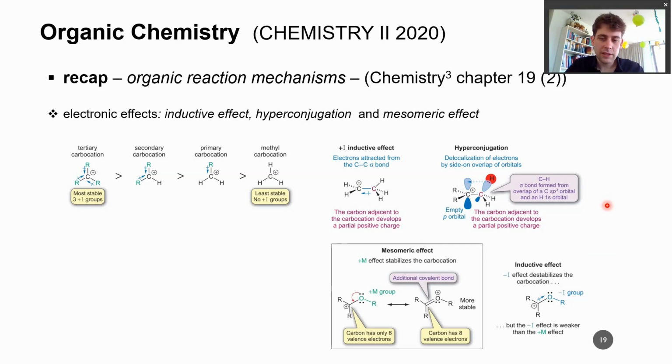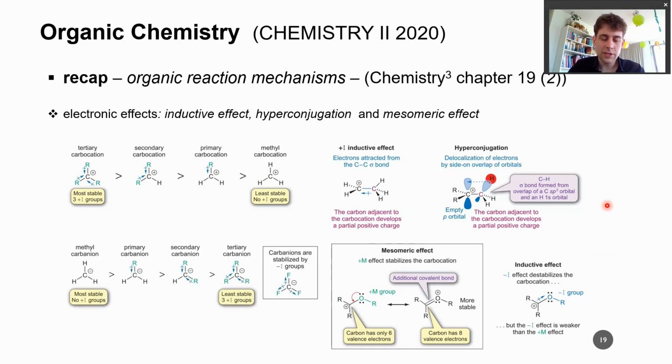Okay, that was it for the mesomeric effect, and then for the carbanions, we see here at the bottom left that the trend is directly opposite to what we've seen for the carbocations, for exactly the same reason. If we start again with the tertiary carbanion, we have the effect that previously stabilized our carbocations by organic moieties pushing electron density onto our electron-deficient center.